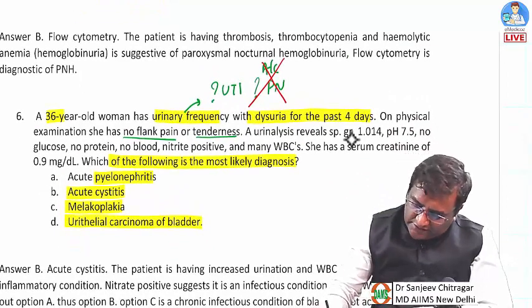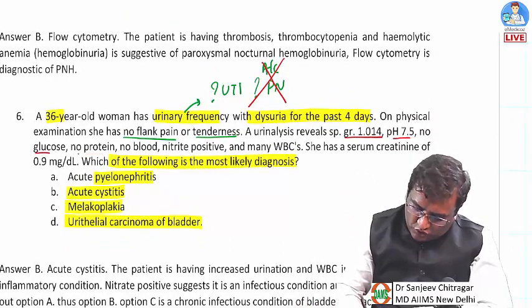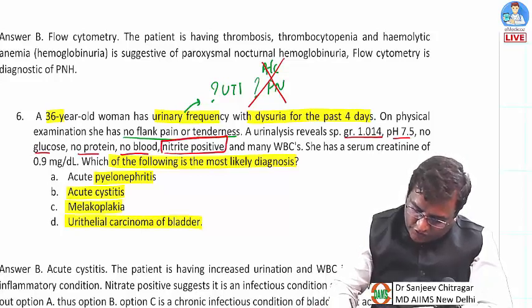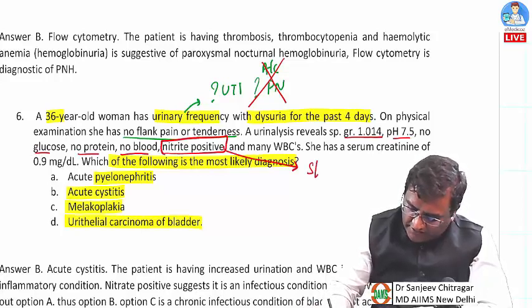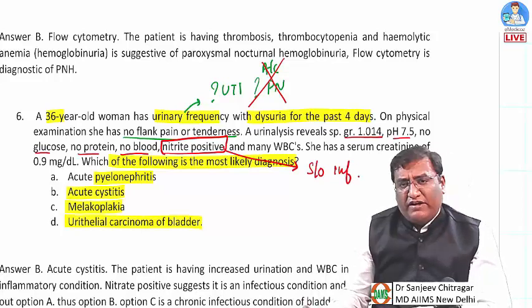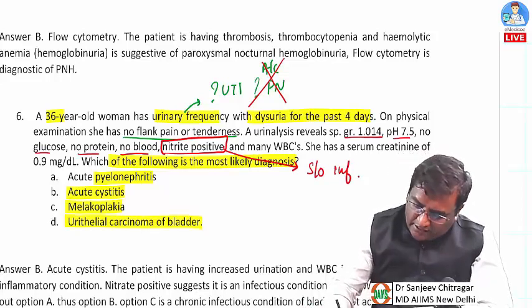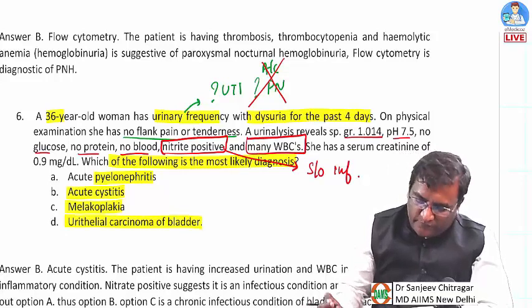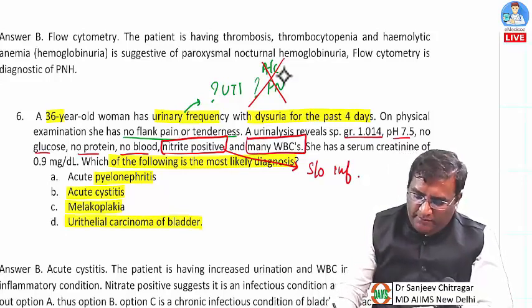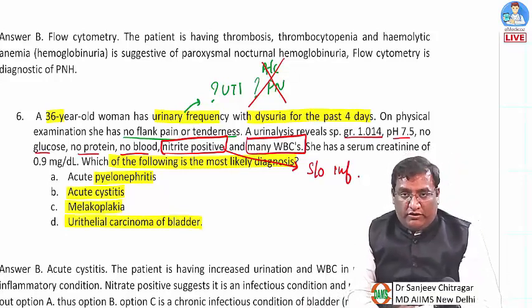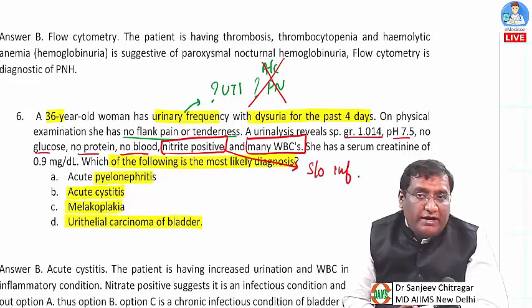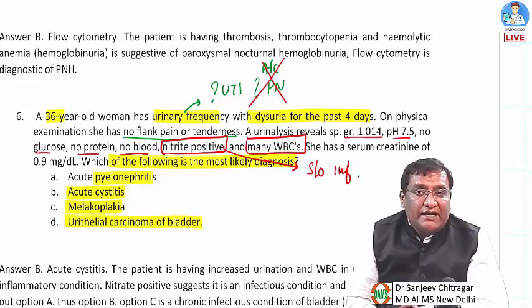Urine analysis shows a specific gravity of 1040, pH 7.5, no glucose, no protein, no blood. Nitrite test is positive, suggestive of infection. So there is an infection, most commonly E. coli. There are many WBCs seen. Very important, no flank pain is ruling out acute pyelonephritis. Also, if it was pyelonephritis, you would have seen a WBC cast as well.